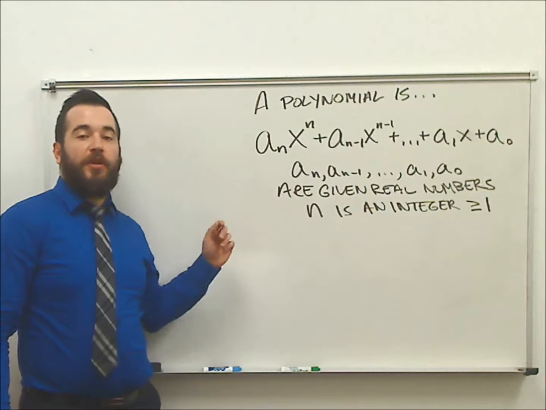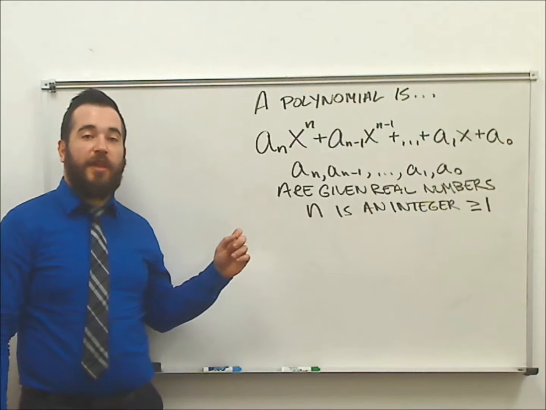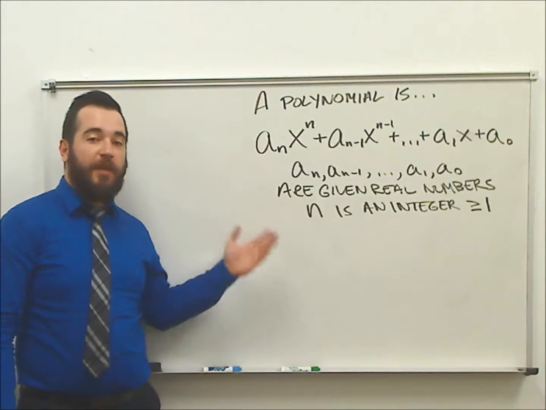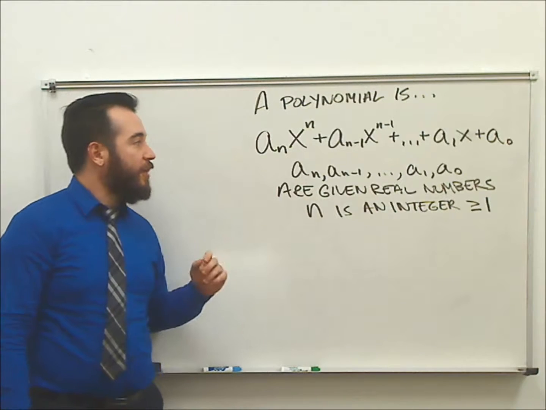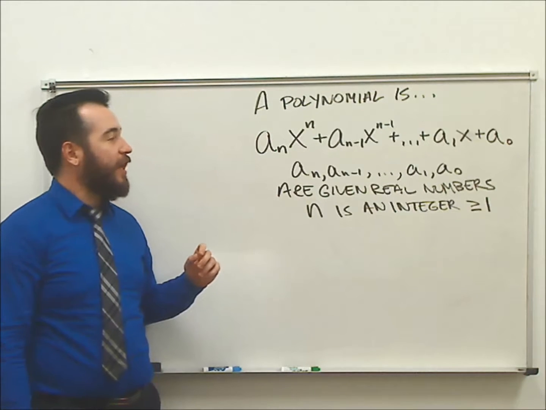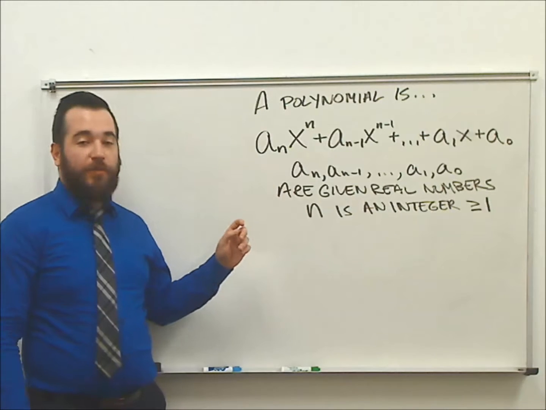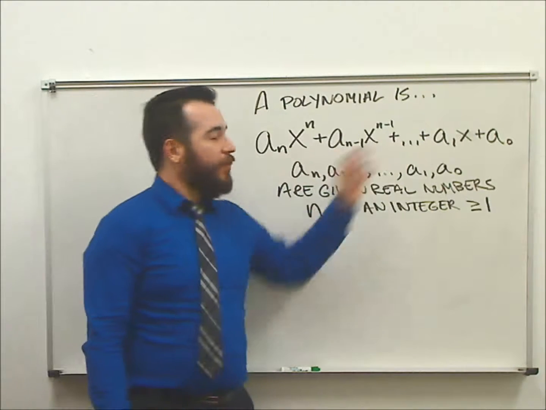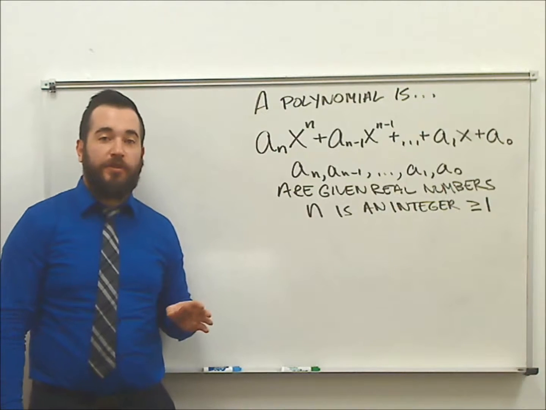So a polynomial is anything in this form, an times x to the n plus an minus 1 times x to the n minus 1 plus all of your descending powers until you get down to a1x plus a0. Now, an through a0, all these a terms in front, those are our coefficients, and those are given real numbers.